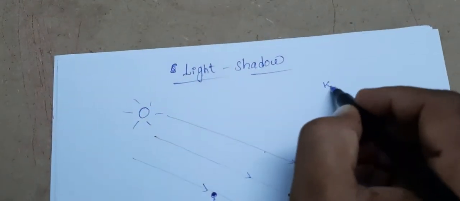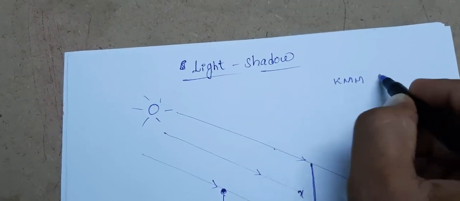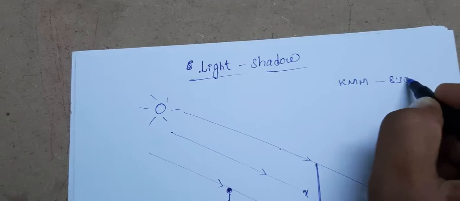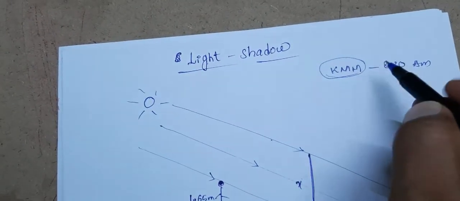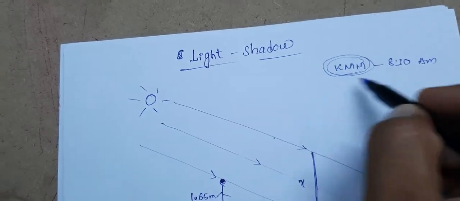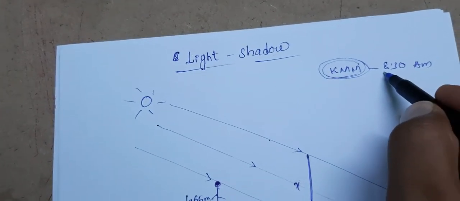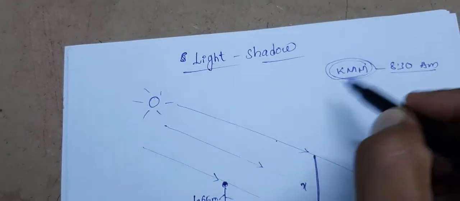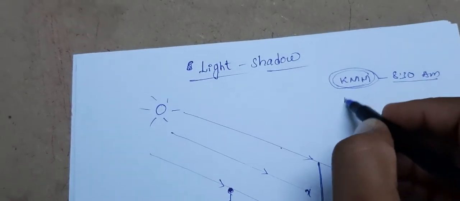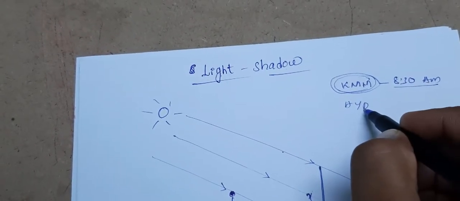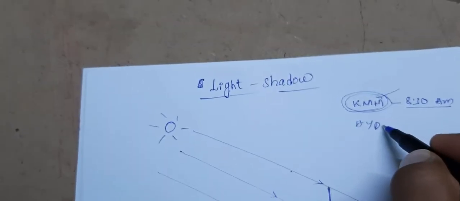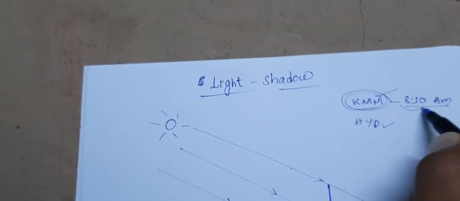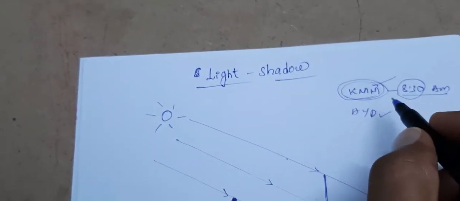Means, for example, in Khammam at 8:30 a.m., and at the same time in Hyderabad, the sun rays are parallel within the same area. Comparing Khammam and Hyderabad sun rays at 8:30, they are not parallel.